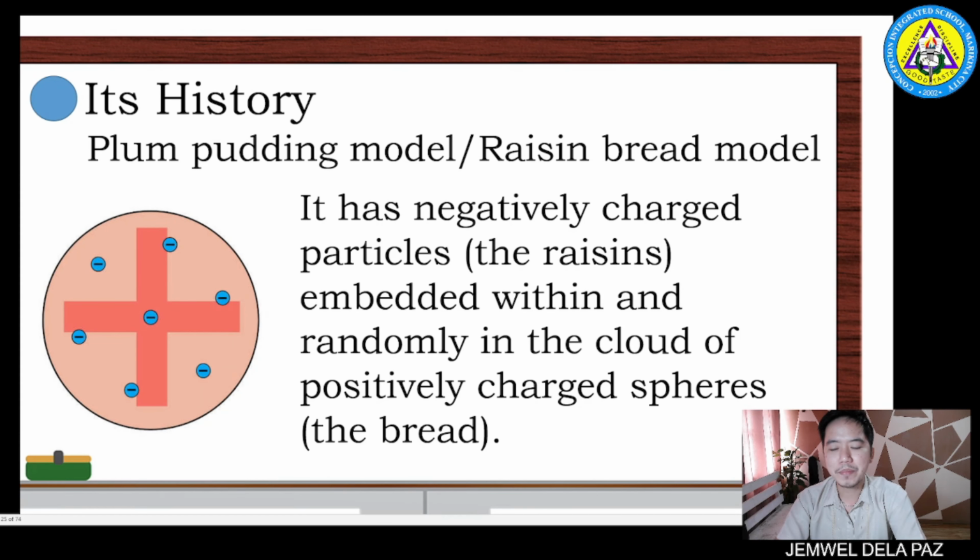So basically, this plum pudding model or the raisin bread model visualizes a type of atom that has negatively charged particles randomly embedded or arranged in a cloud of positively charged spheres, which is what we call the bread.